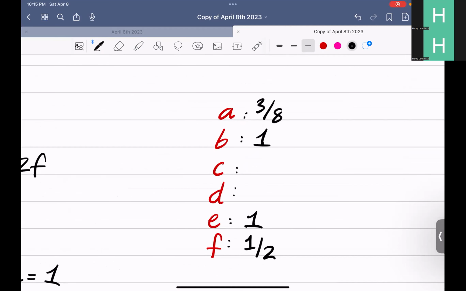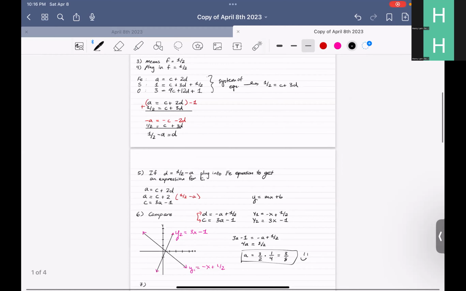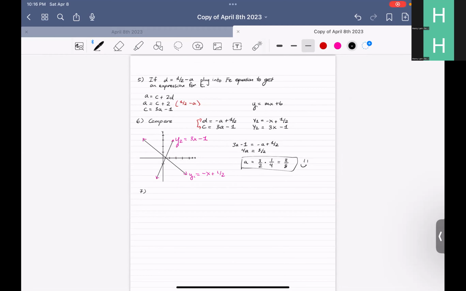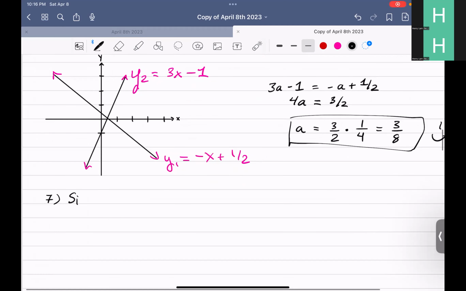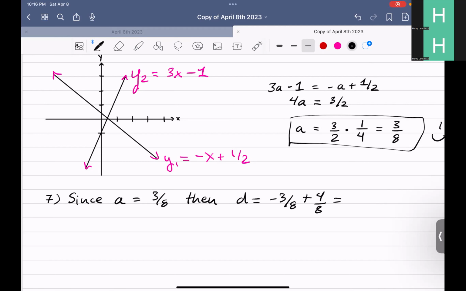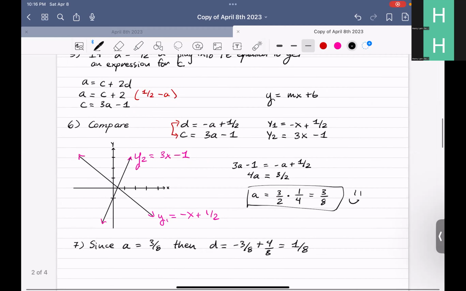This is 3/8. Now I'm able to say what D and C are. Since A is equal to 3/8, then D is equal to negative 3/8 plus 4/8, which is equal to 1/8. And you might be saying, oh my gosh, I'm not sure how he did that.